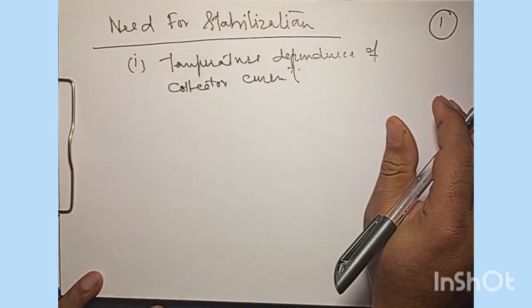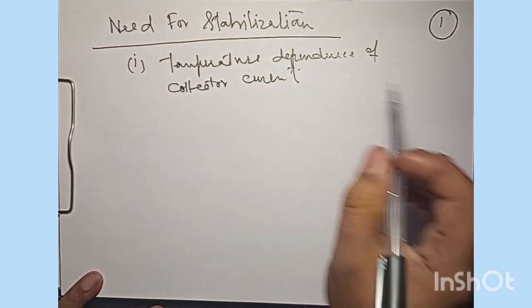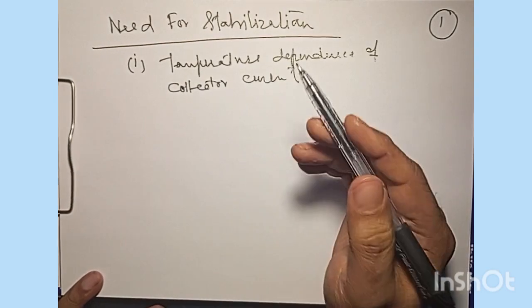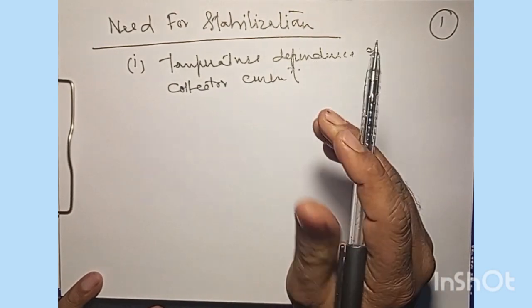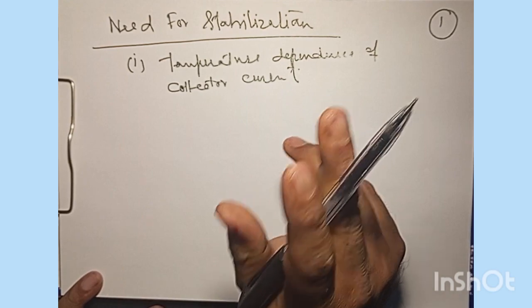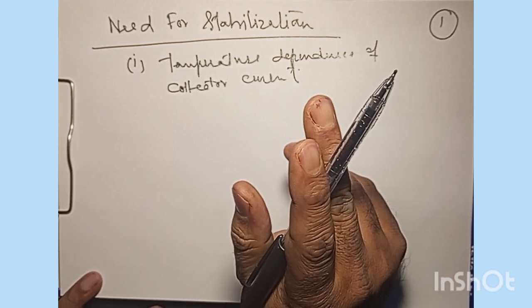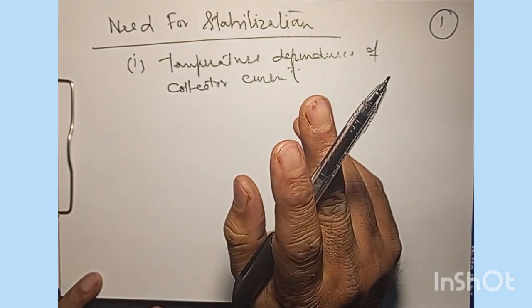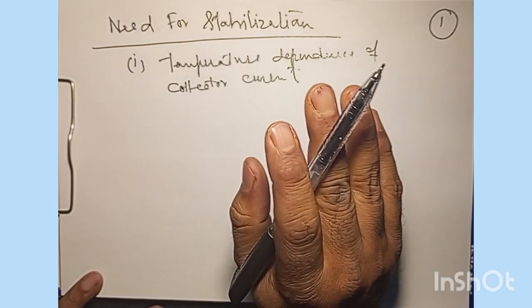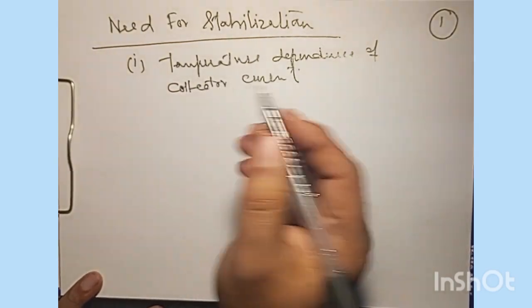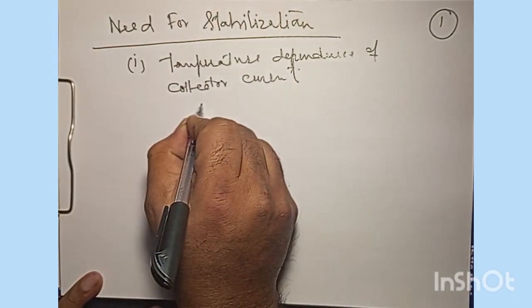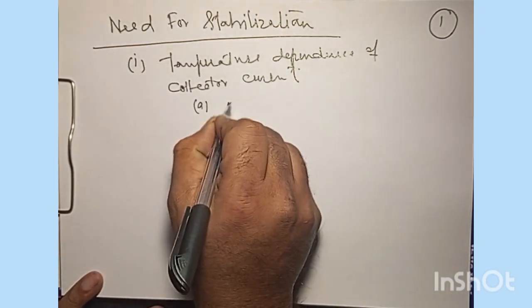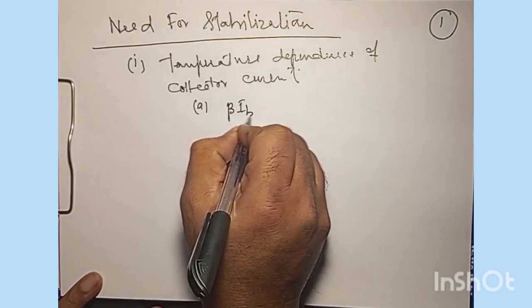Now, as we understand, the collector current consists of two parts in principle. One of the parts is the useful part, which we call the wanted part, and that part is beta IB.